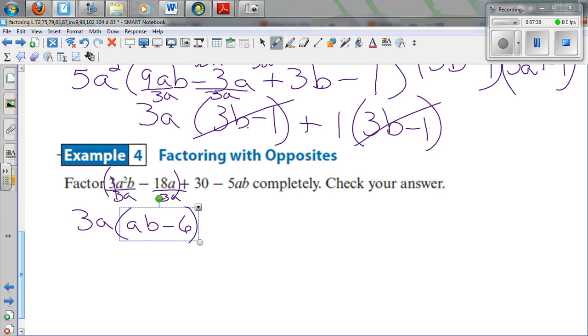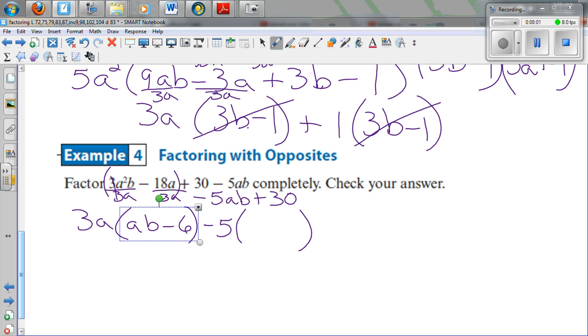So what I want to do is flip these around, negative 5ab plus 30, and I actually want to take a negative 5 out of here, because otherwise my terms will end up as negative ab plus 6, and I don't want opposite terms. So I'm going to take a negative 5 out of this and rewrite it in the correct order here.